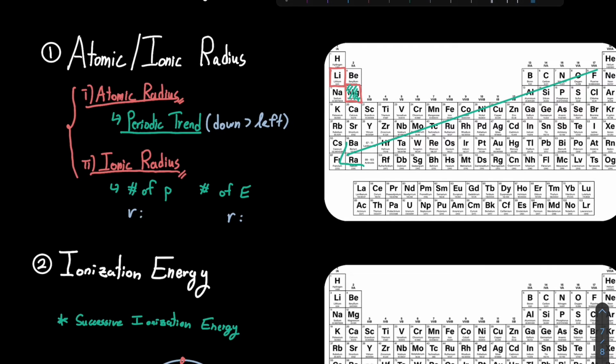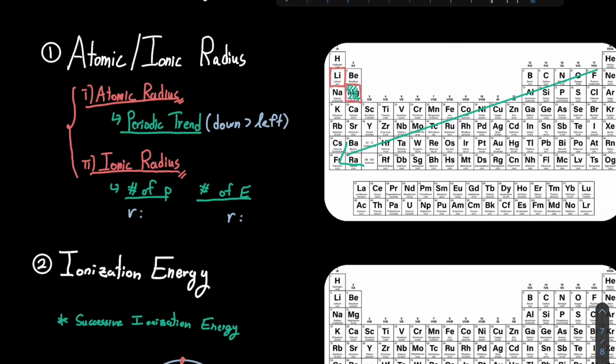For ionic radiuses, it's slightly different. Ions generally have more or less electrons. The way we compare two different ions, we first of all have to consider the number of protons they have and the number of electrons they have.